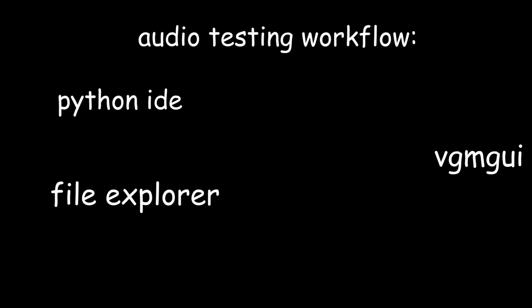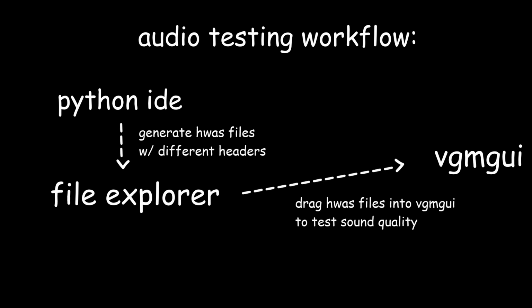You're going to run the HWAS fixer. It'll generate a file, and then you take that file, drag it into VGMGUI, click on it, press play, see if it sounds okay, and then press the stop button, right click, remove it, and then just try again with other values.